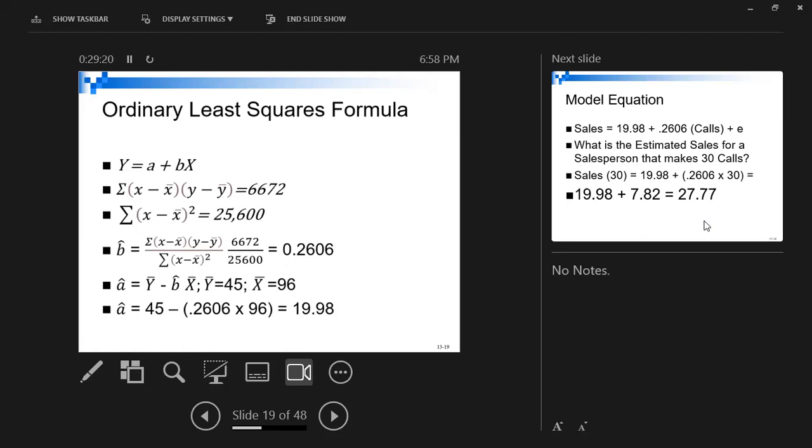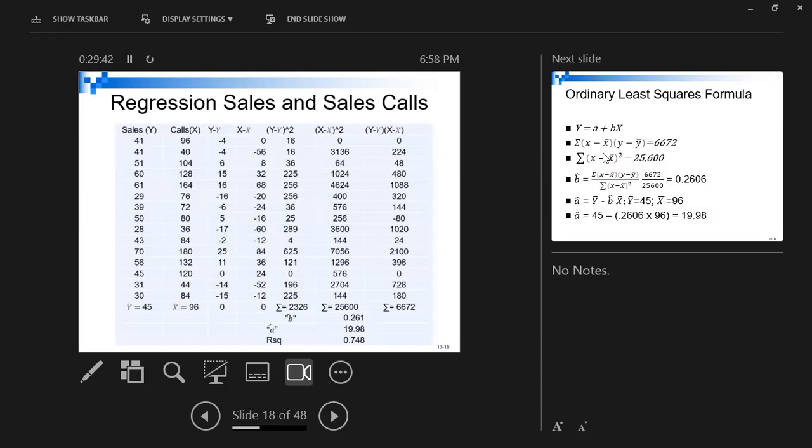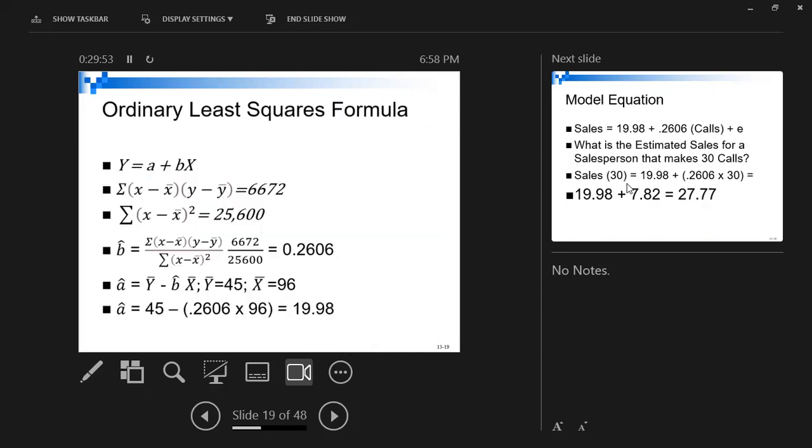You get the idea. So this is why you get this kind of model where Y is equal to, what is the model here? And so A hat is 19.98, and the slope is 0.26, which we already said.